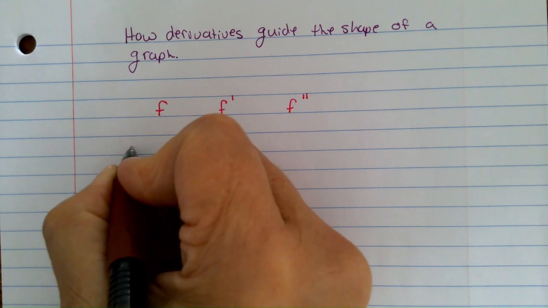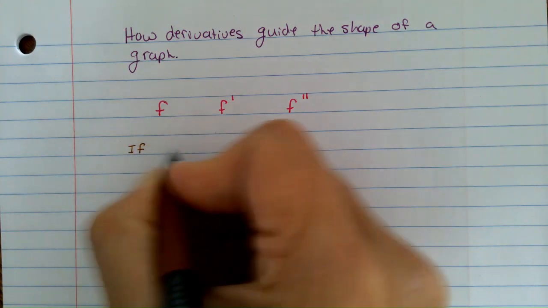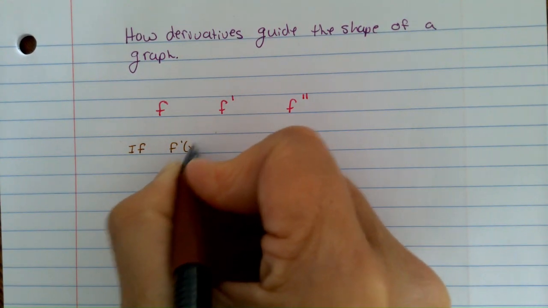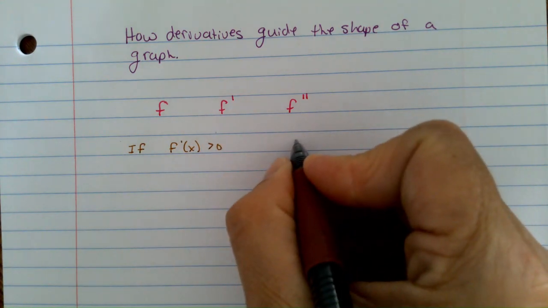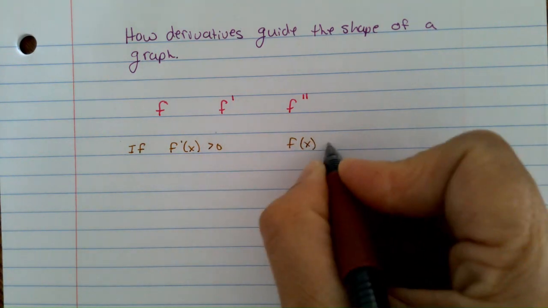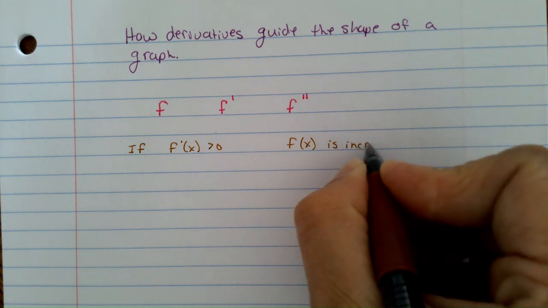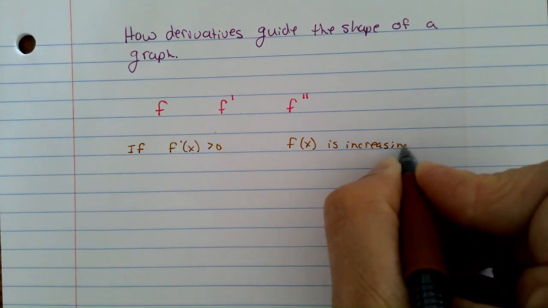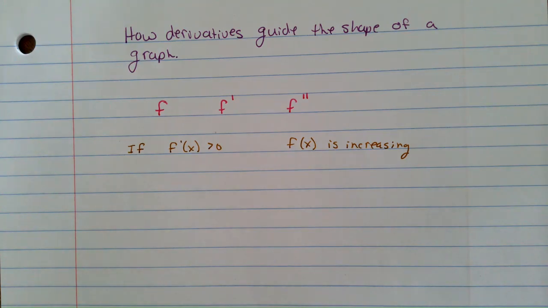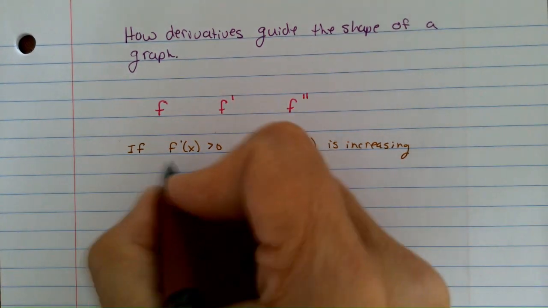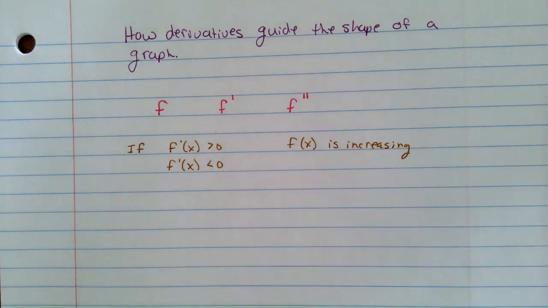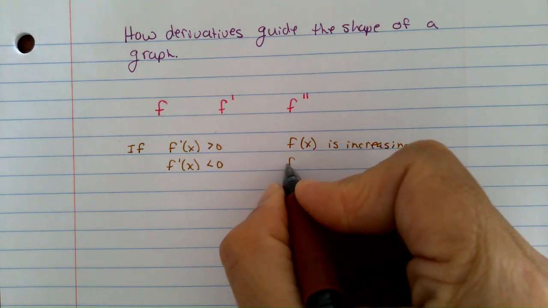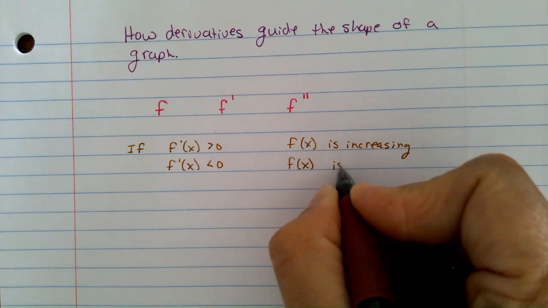So if your derivative, your first derivative, is greater than 0, f of x is increasing. Because it's your slope, right? If your slope is greater than 0, you're going uphill. And if it's less than 0, if your slope is negative, then your graph is decreasing.